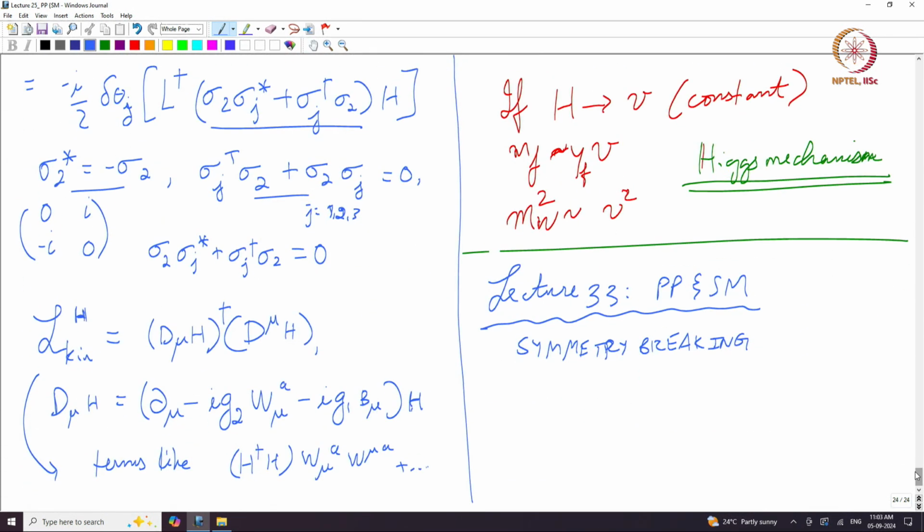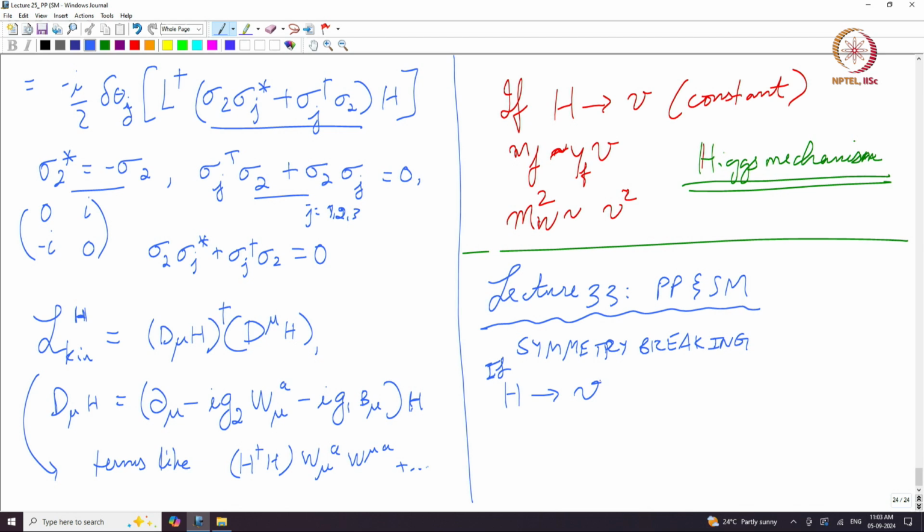So, you can already begin to see that if I replace the scalar doublet field, see I keep emphasizing the doublet part, right, it is not just some scalar field, it is a doublet under SU2.